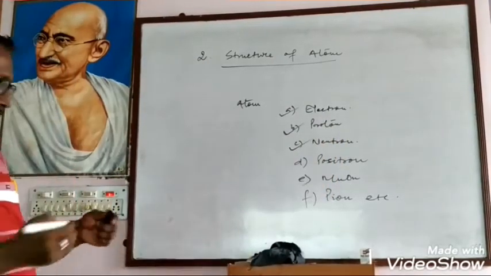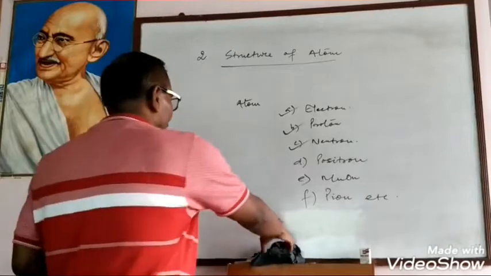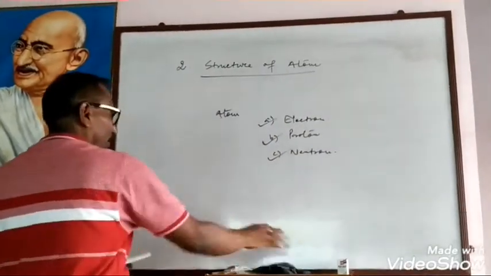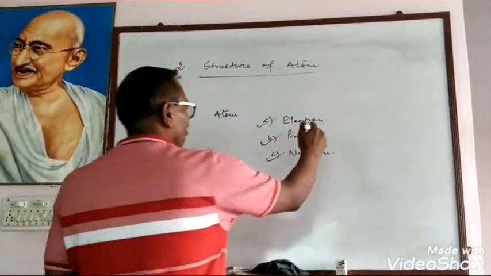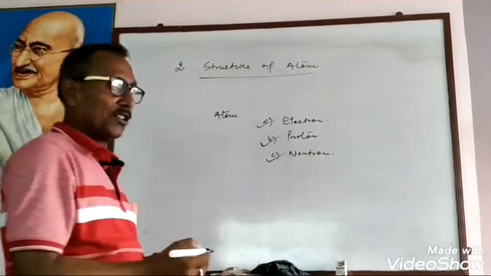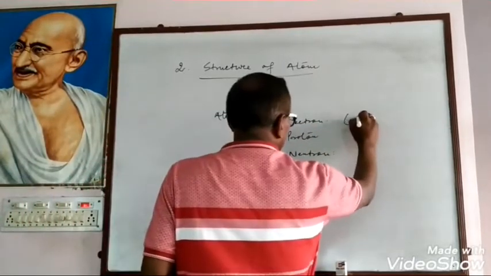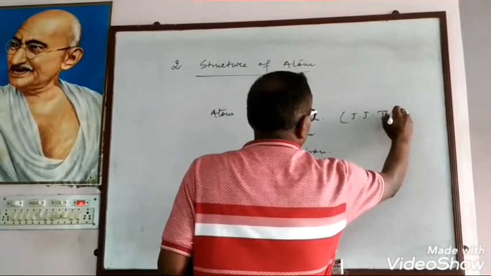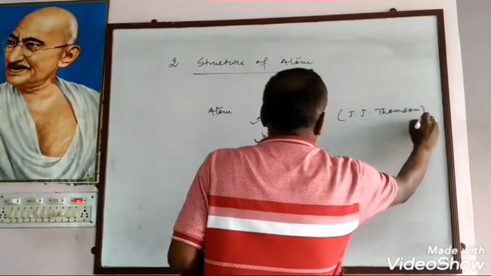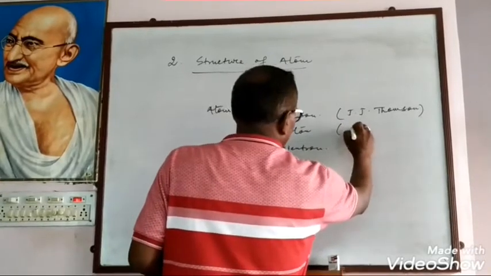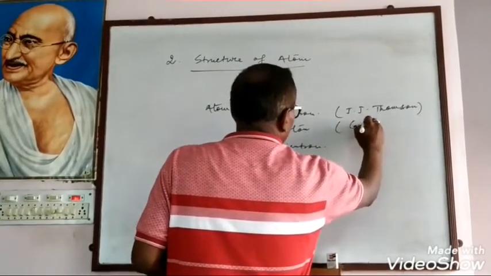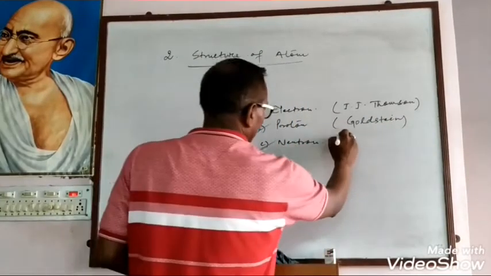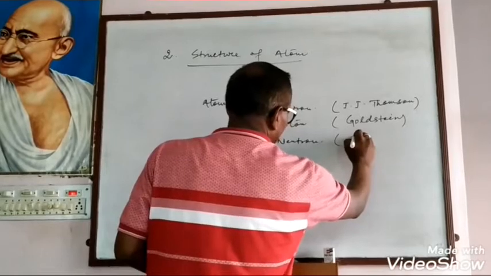Everybody knows the discoverers of electron, proton, neutron, and I hope you must be knowing. For electron, it was J.J. Thomson. For proton, Goldstein. And for neutron, James Chadwick.